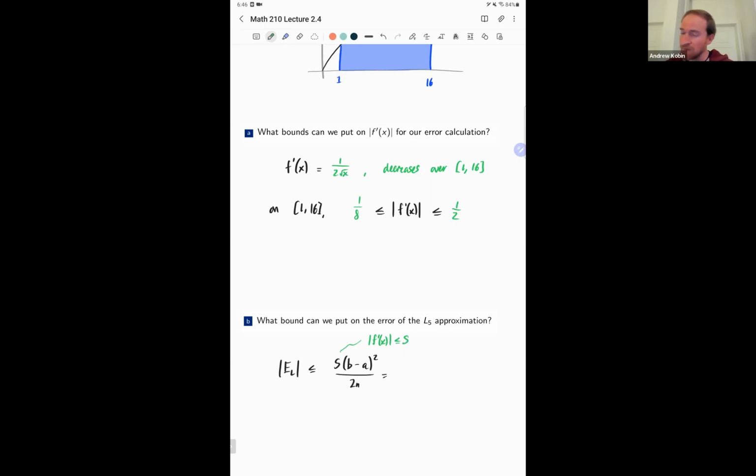In this case, we'll use an upper bound. F prime of x is always less than or equal to 1/2. It's the largest that the derivative slope can be.